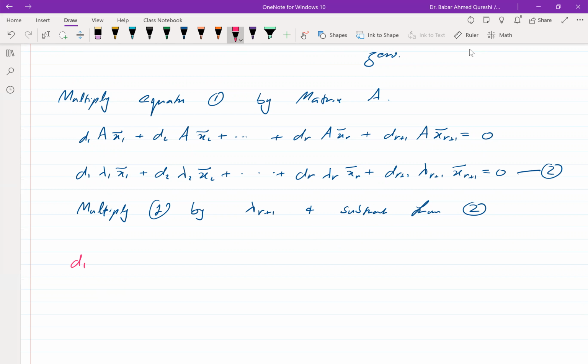So I will have d1 (lambda 1 minus lambda r plus 1) plus d2 (lambda 2 minus lambda r plus 1), so on until I have dr (lambda r minus lambda r plus 1) xr plus dr plus 1 (lambda r plus 1 minus lambda r plus 1).